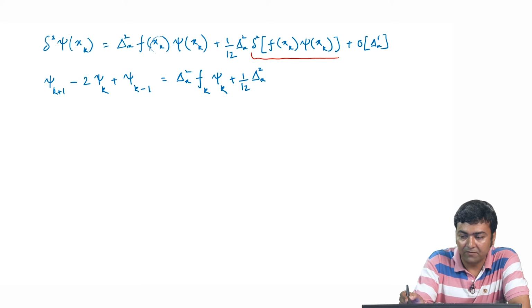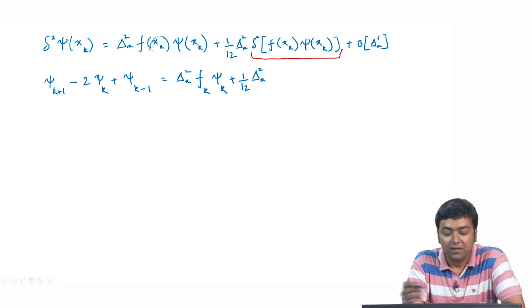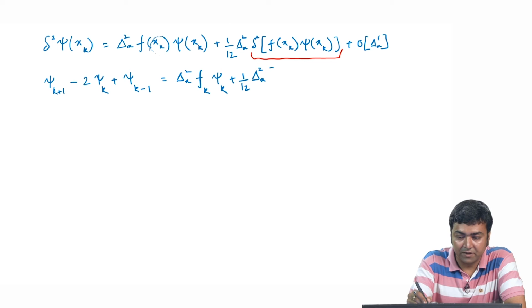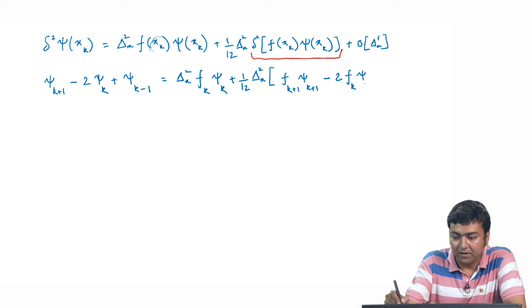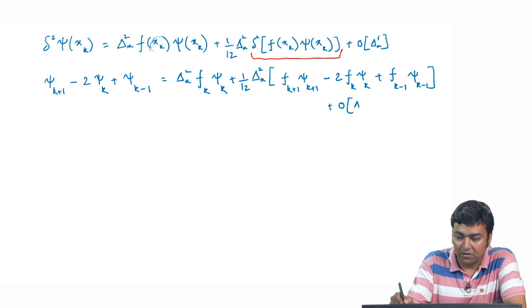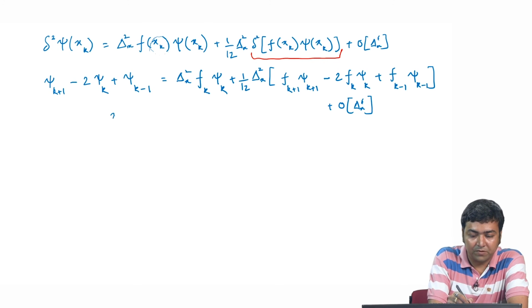For this part, I will use the second central difference formula for the second derivative. I am writing it in this form: f of k plus 1 psi k plus 1 minus twice f of k psi k plus f of k minus 1 psi k minus 1, then the order delta x to the power 6 term also.